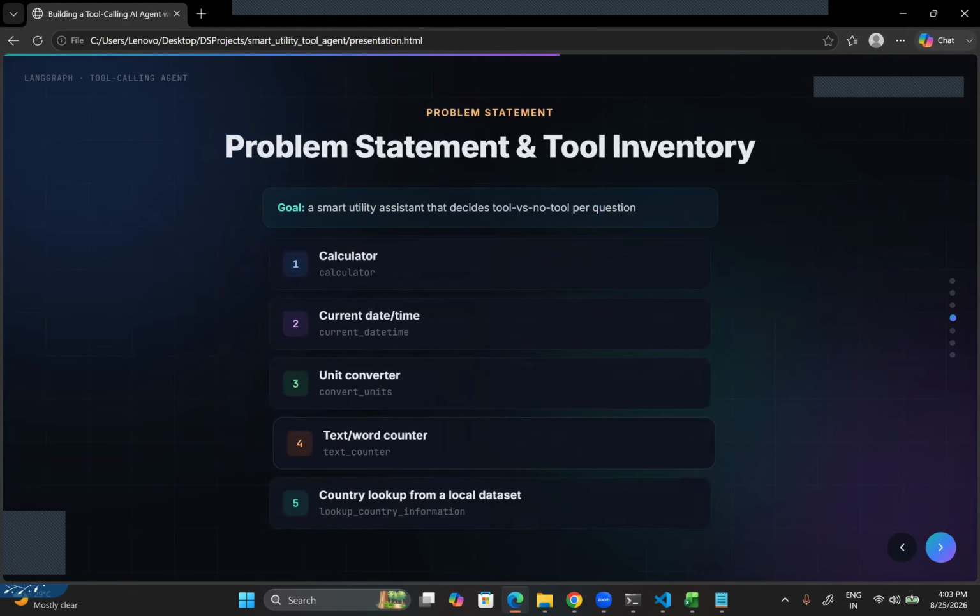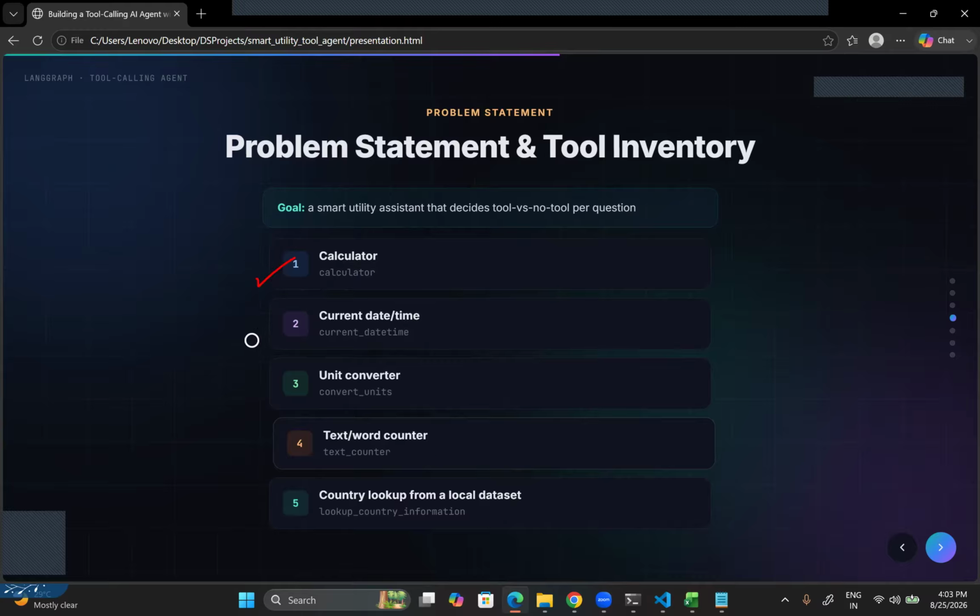Now, here's the problem statement that I have solved by building a smart utility assistant that understands users' questions and decides whether it needs to call a tool or not. Now, this assistant supports 5 tools.